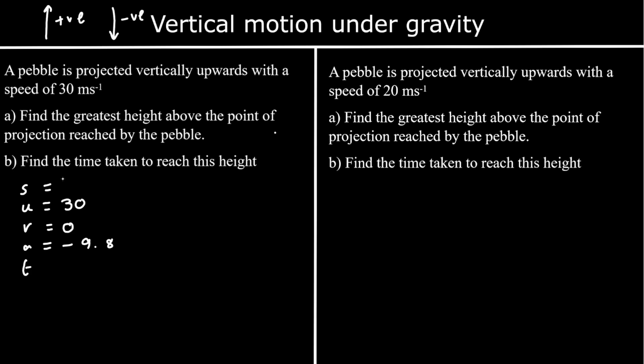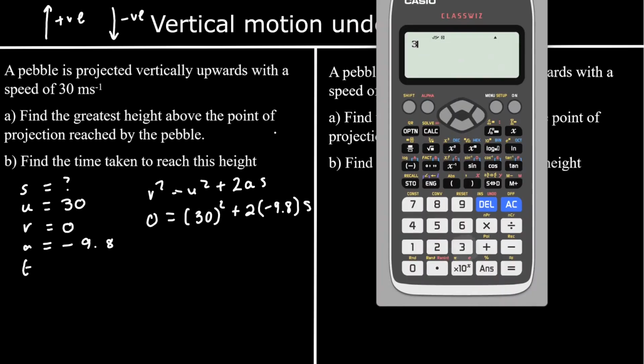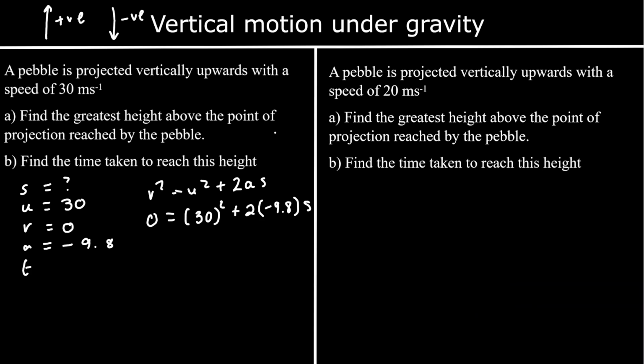And we want to know the displacement at the top. So what's the formula without a T in it? That's V squared equals U squared plus 2AS. So we have 0 equals 30 squared plus 2 times minus 9.8 times S. 30 squared is 900. 2 times 9.8 is 19.6.